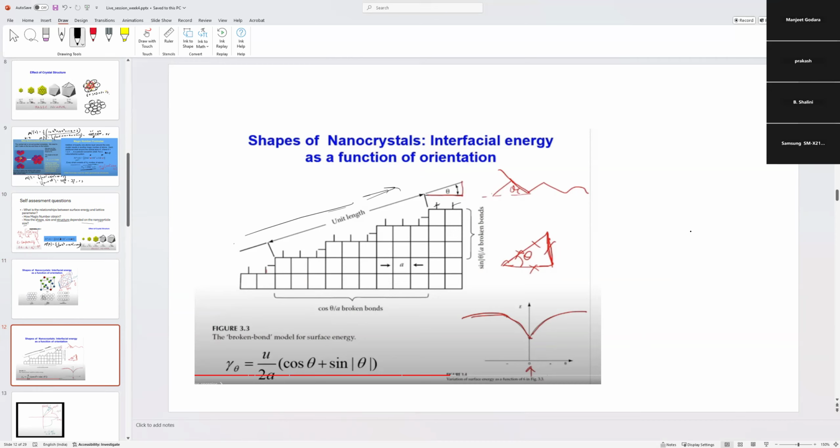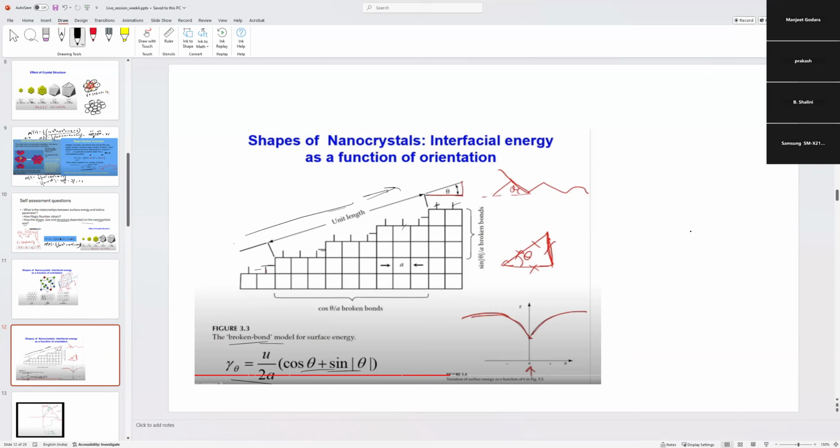So if you cut it flat, you'll only break the vertical bonds, and if it's completely vertical, you'll break the horizontal bonds. If it's at an angle, then according to the broken bond model, this is the interfacial energy you get, which is a function of theta.